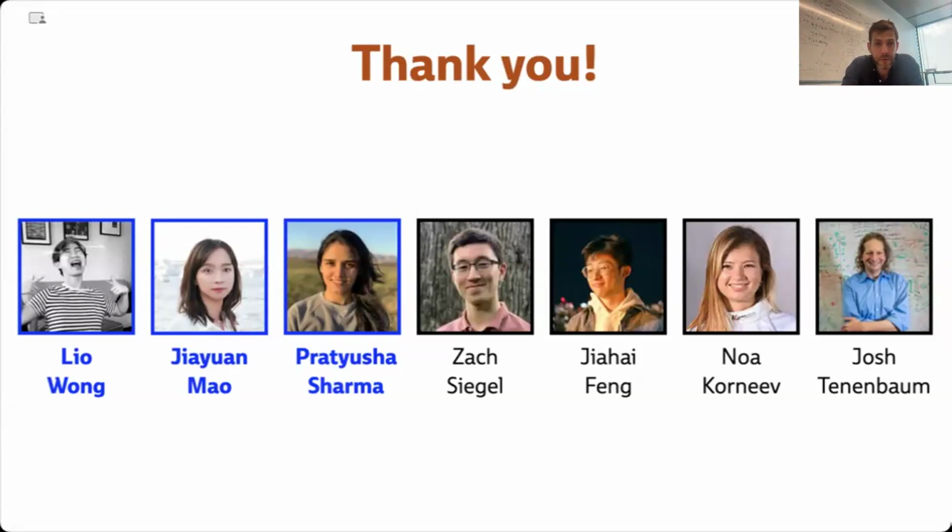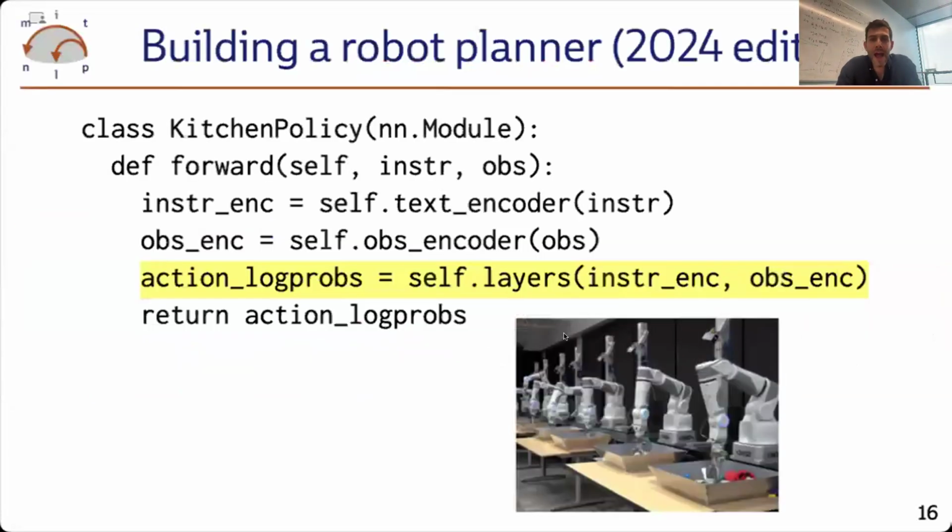But another piece of this, of course, is going all the way back to the beginning of the talk. In parallel to all of this, we are getting good at large scale pre-training for these at least short horizon motion planning tasks.